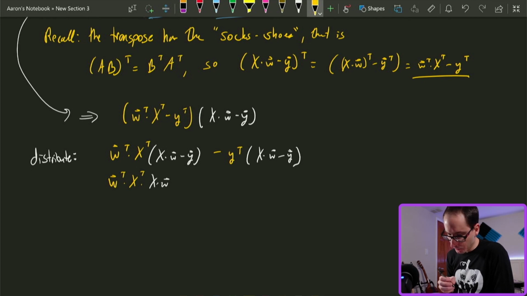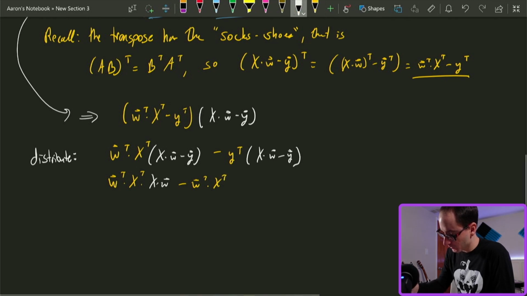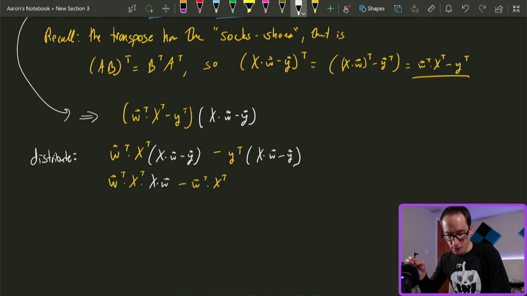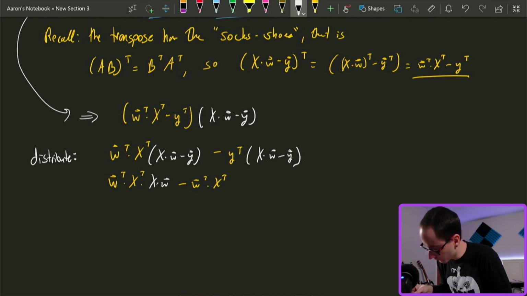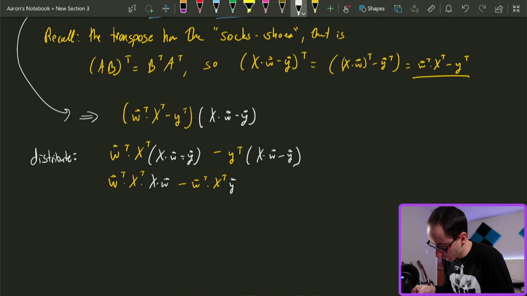And then what else do I have here? I'm going to have minus W transpose X transpose, and then times just the Y. Yeah, I have the minus in here already. I had to think about that for a second because I was like, where is this negative going?